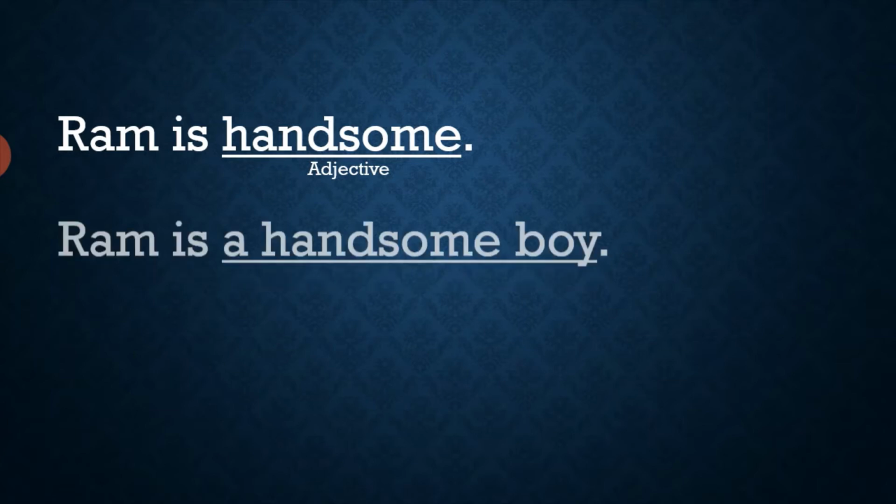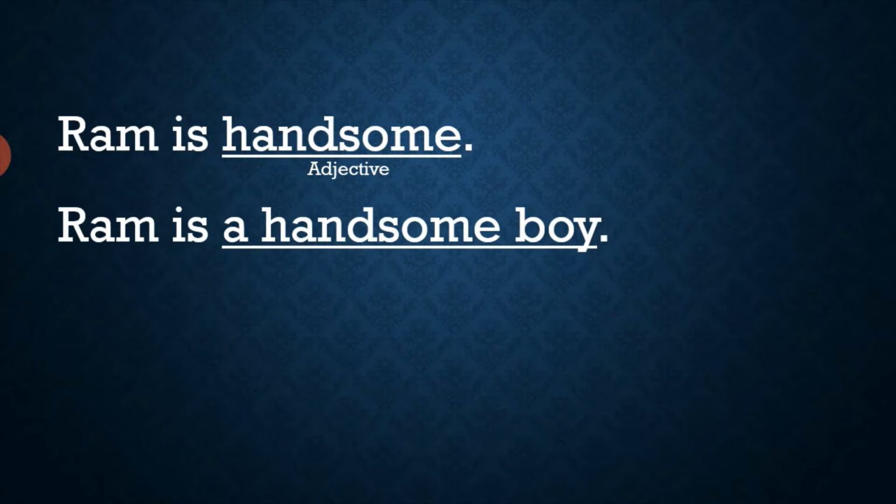Okay, then there is a second sentence in which again the same noun, that is Ram, but instead of an adjective, here is a group of words, that is a handsome boy, which means it is a group of three words, isn't it? And this group of three words tells about Ram, which means it is a phrase that tells about Ram.